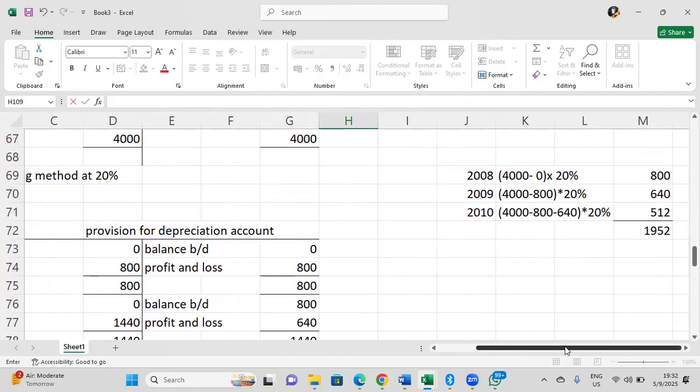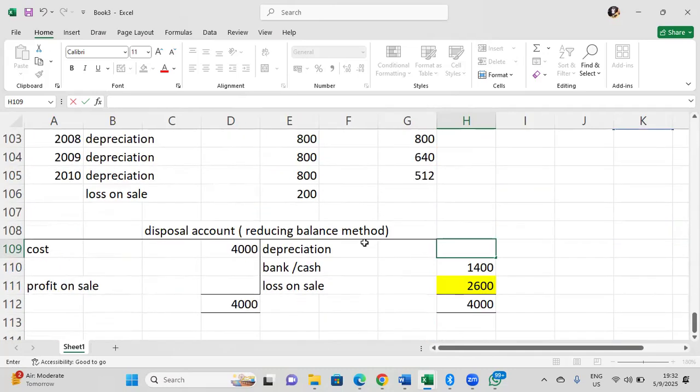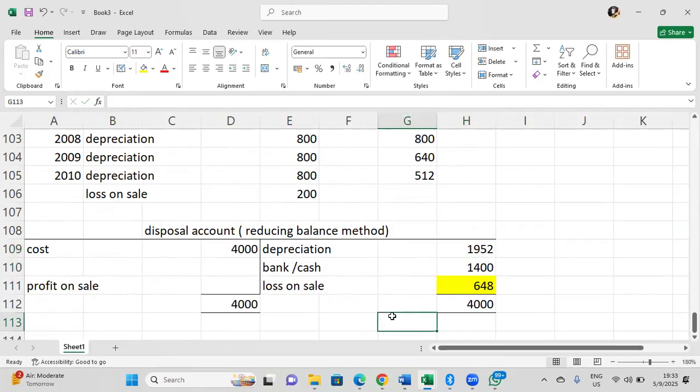Using the reducing balance method, the total depreciation was 1952. So our loss would increase to 648.